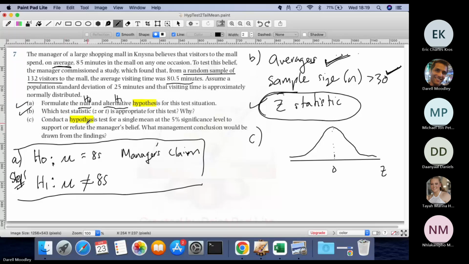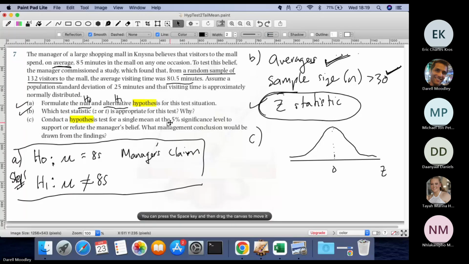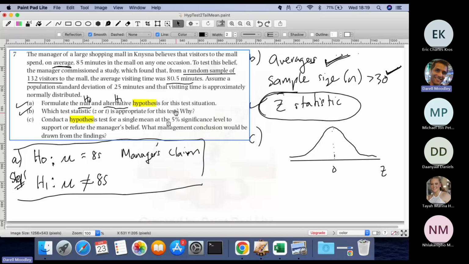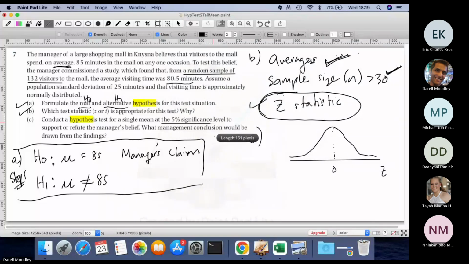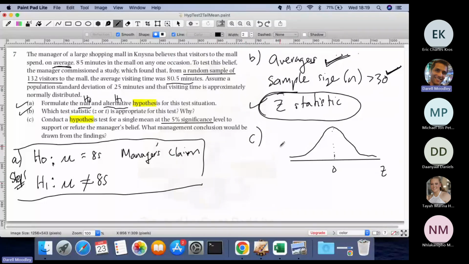Now, there's a key bit of information they give us in part C. They tell us 5% level of significance. That 5% level of significance is important because it tells us how big the rejection region is. And I'll show you how to use that 5% now. That 5% gets allocated to the ends of this graph.